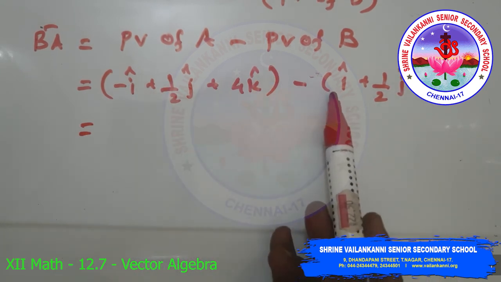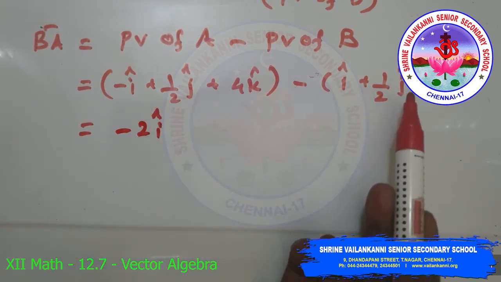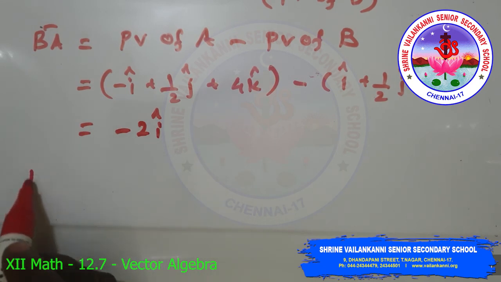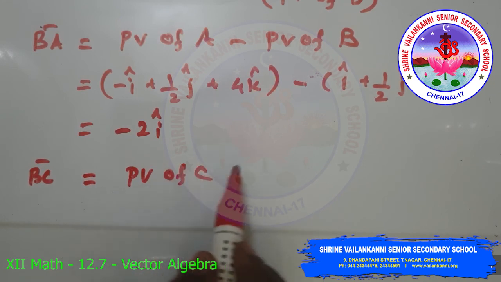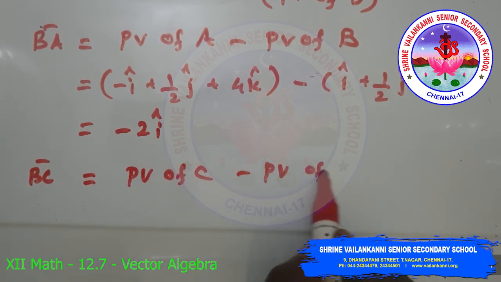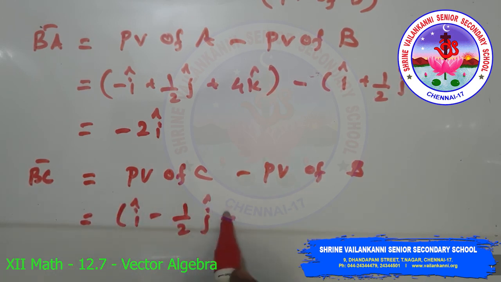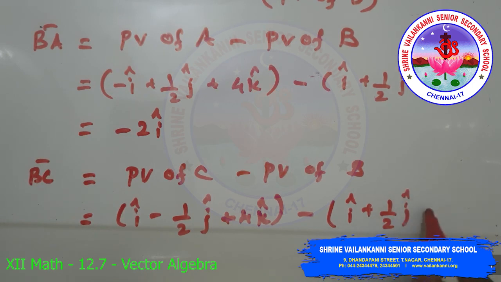So -i minus i, which is -2i. Half j minus half j will get cancelled. 4k and -4k will get cancelled. Then BC, which is position vector of C minus position vector of B. So C is i - half j + 4k, minus (i + half j + 4k).